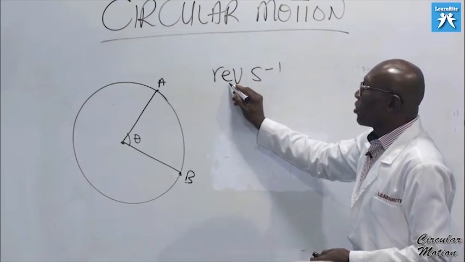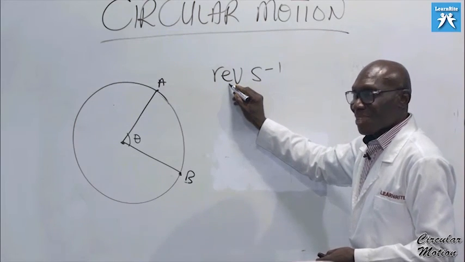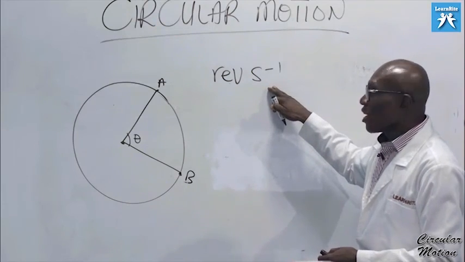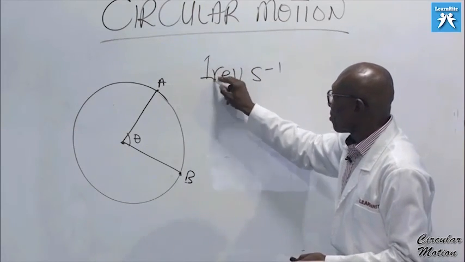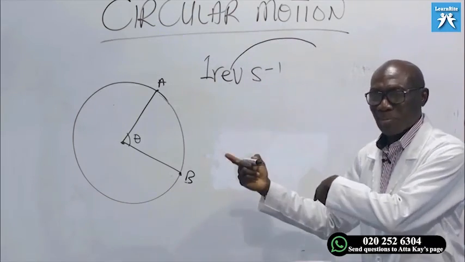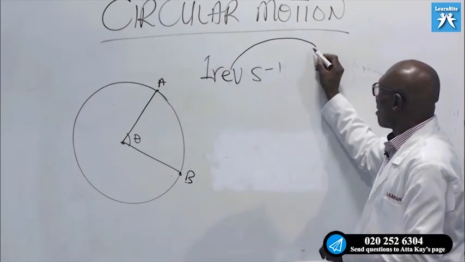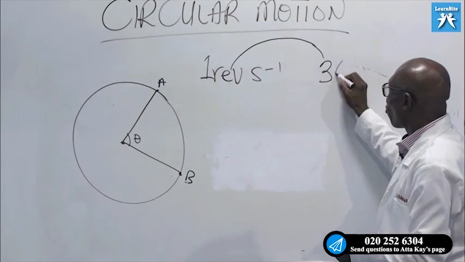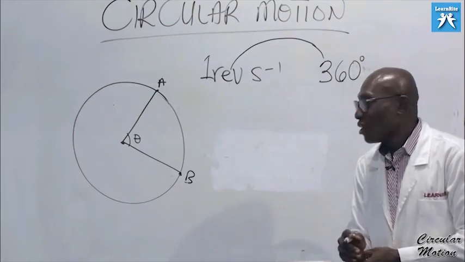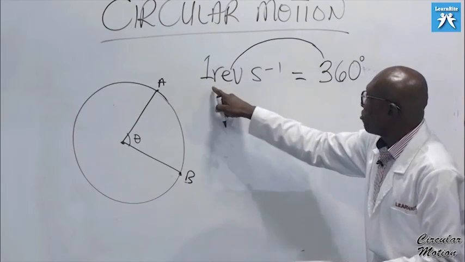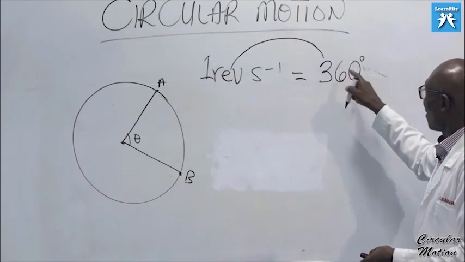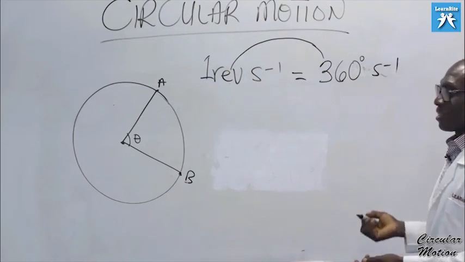Now, this revolution, if I go one revolution, as you can see from here, means I'm just going step by step. One revolution means you have gone through a total angle of 360. Can you see that? So it means that one revolution per second is 360 degrees per second.